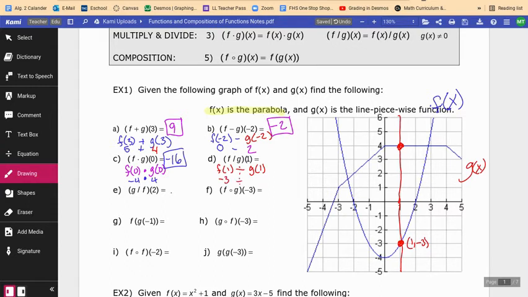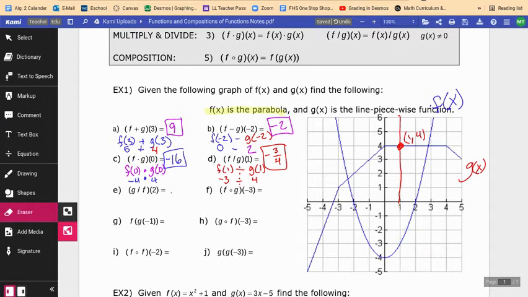So this is negative 3 divided by, this is 1 comma 4. So g of 1 is 4. So we basically have negative 3 divided by 4, okay, or negative 0.75. All right, so that's kind of how you do those straightforward ones.